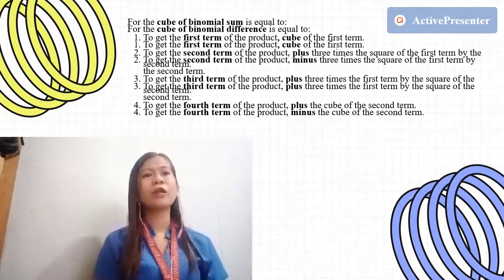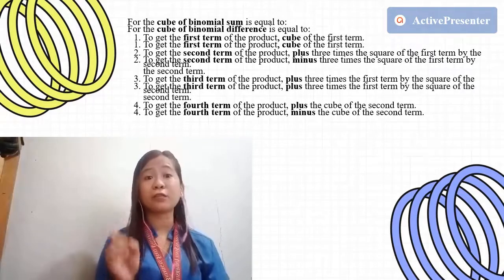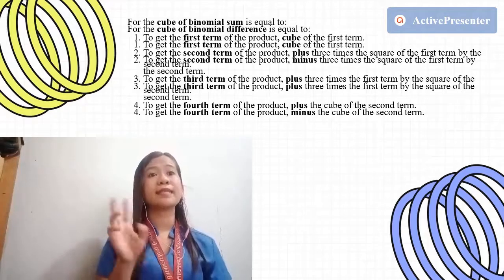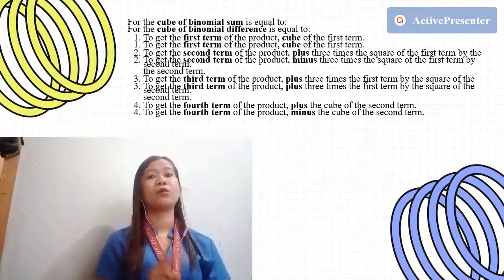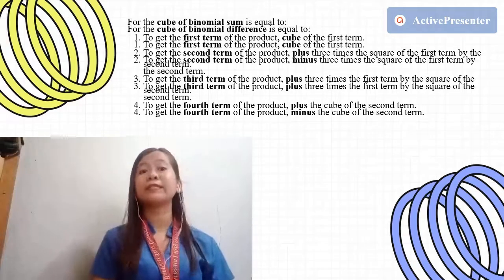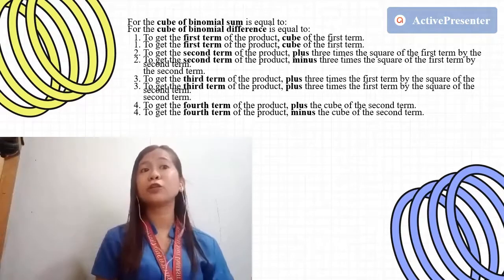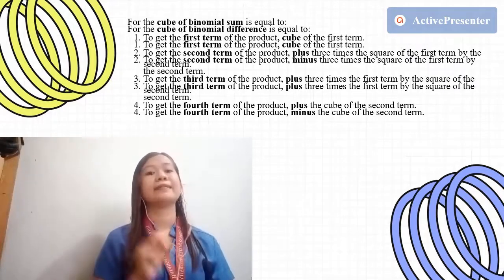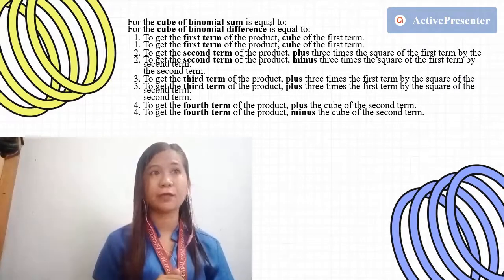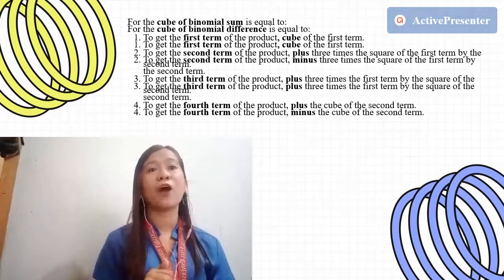So we're going to find the square of the first term times the second term times 3. Okay? Don't forget. And third step, to get the third term of the product, plus 3 of the first term by the square of the second term.